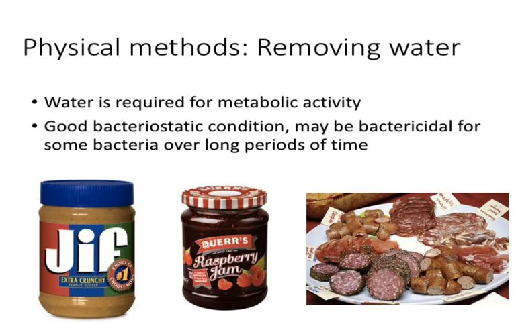Pressure cooking will increase the temperature of that water above 100 degrees Celsius, therefore allowing for the killing of spores. And most often when cans go bad, it's because there are endospores that have survived the heat treatment.